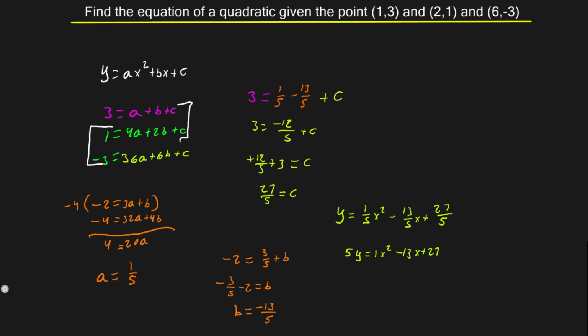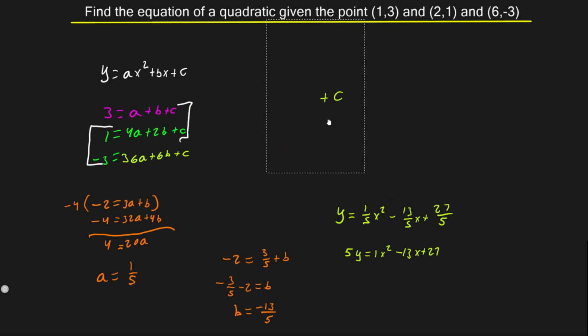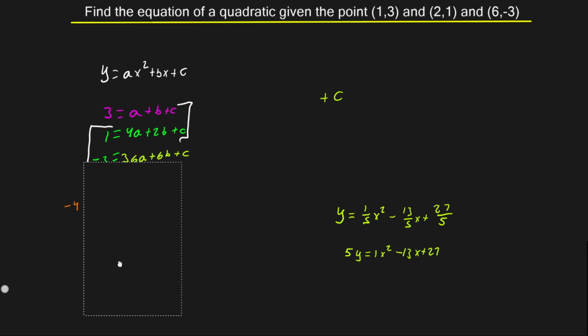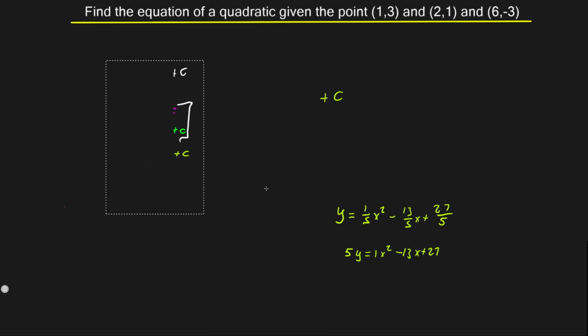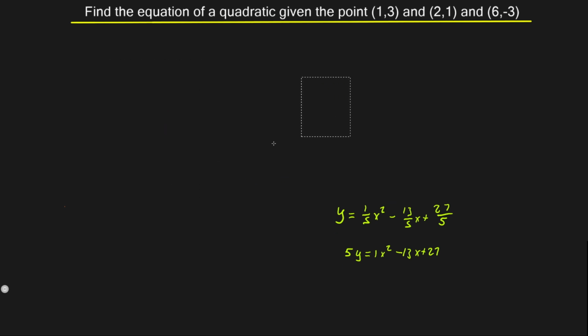So we're going to plug in 1 first, which will give us our first answer. So we have y is equal to 1 over 5x squared minus 13 over 5x plus 27 over 5.